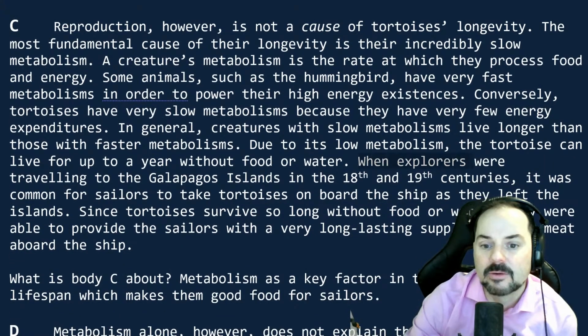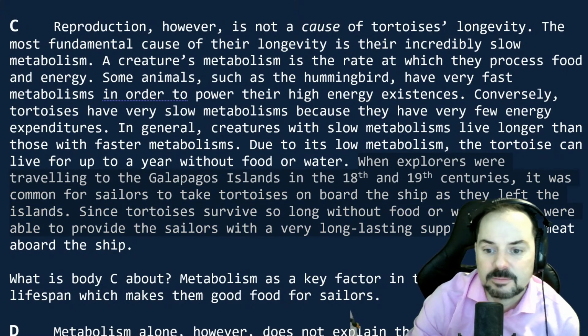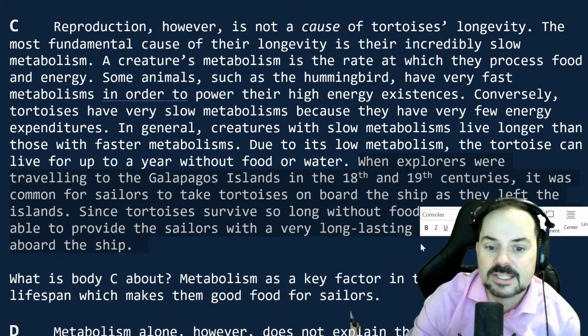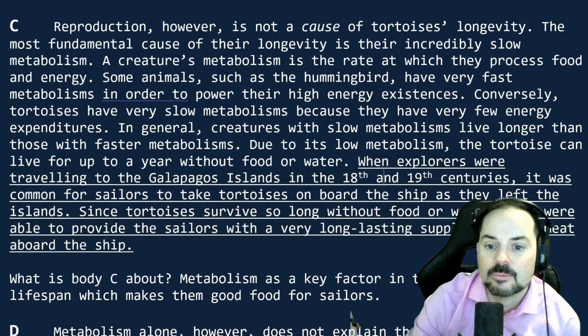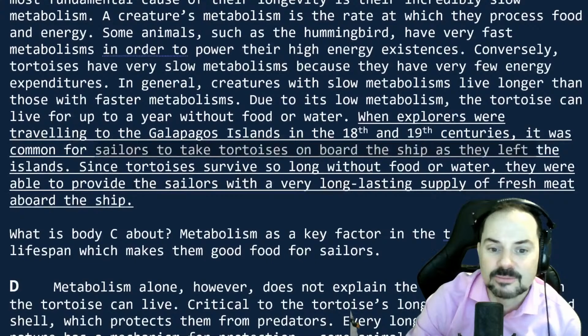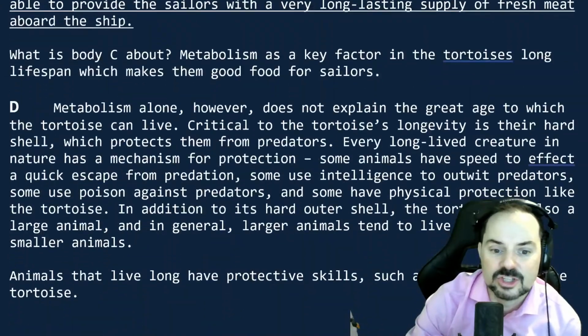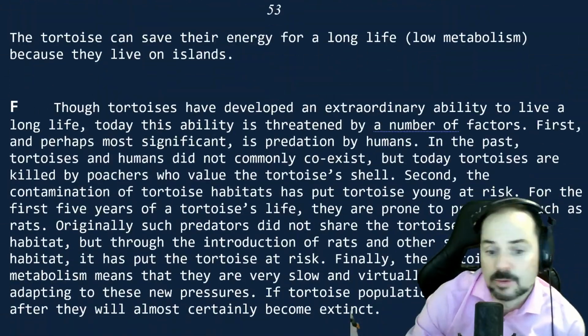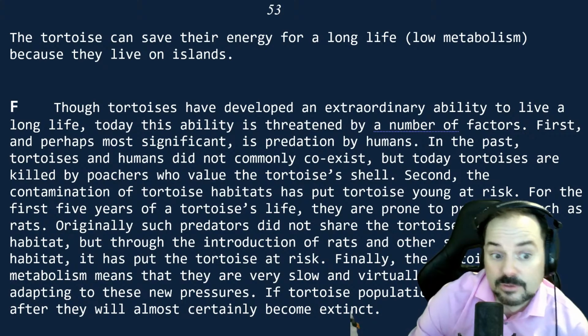And then we see it here, right? Because we remember it was the sailors at the end of the paragraph, the example, and we see that here, right? When explorers were traveling the Galapagos, the sailors were taking them on the ships and eating them because they would just live for so long on the ship without food and water. So they were basically like storage containers for food and water, right?